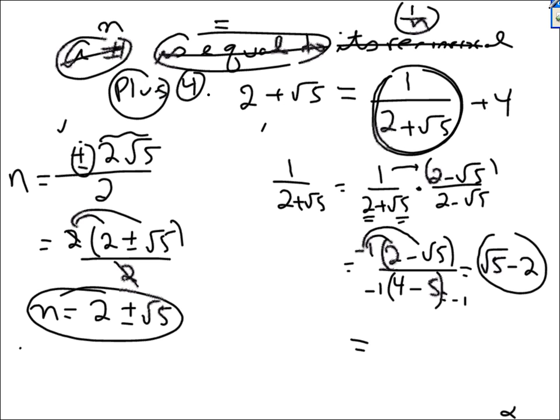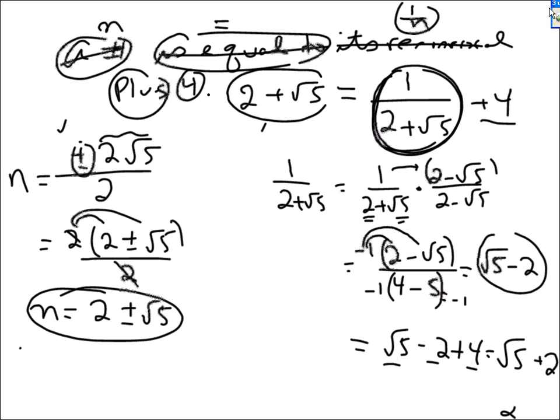So that becomes the square root of 5 minus 2, that's this number, plus 4. Well, negative 2 plus 4 is 2. So you have the square root of 5 plus 2, which is exactly what we have on the other side. It did check. Square root of 5 plus 2 is the same as 2 plus square root of 5.